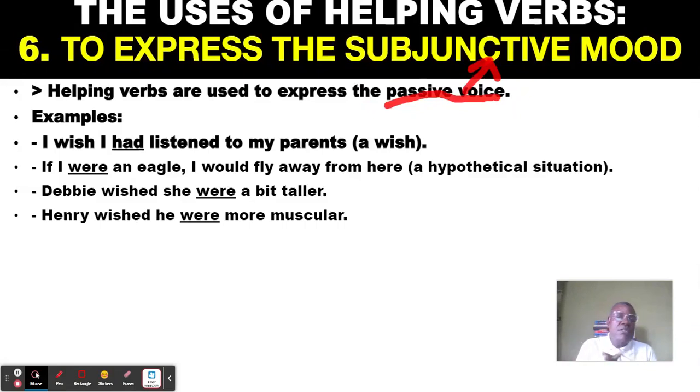So you can watch the video on the subjunctive mood, and you will be given further clarification on what exactly the subjunctive mood is all about and the various ways in which we can use it. So this is where we draw the curtain on today's lesson.